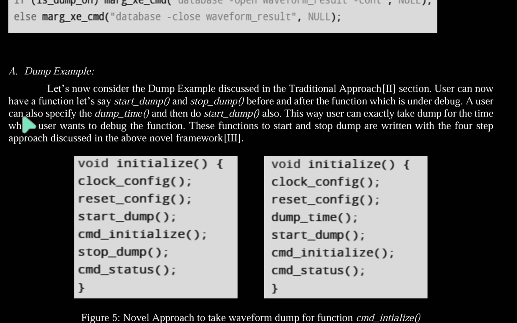A user can also specify the dump_time function and then do the start_dump function also. This way the user can exactly take the dump for the time where the user wants to debug the function. These functions to start and stop the dump are written with the four steps approach discussed in the above novel framework.